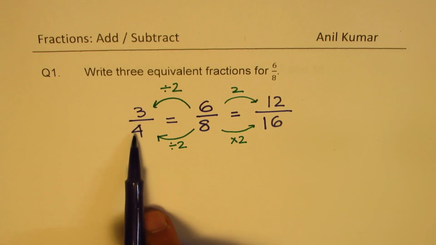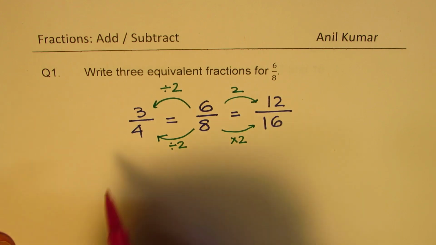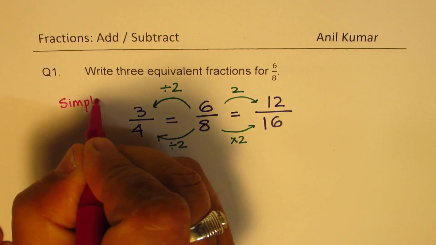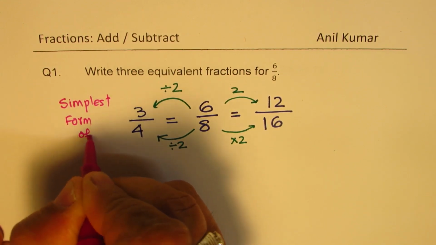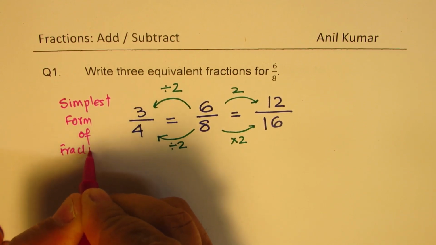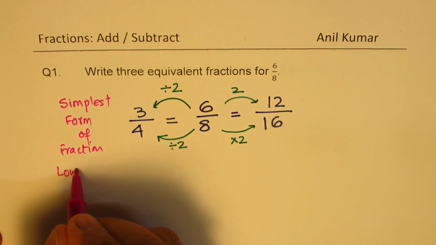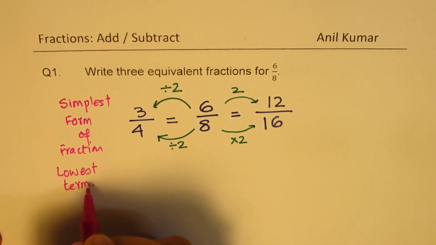Now 3 and 4 have no common factor, so that will be treated as the simplest form, right? So 3 by 4 is the simplest form. We also sometimes call this the lowest term.